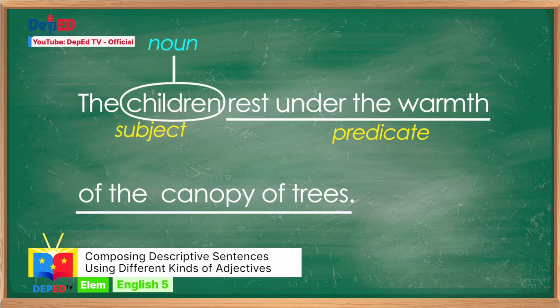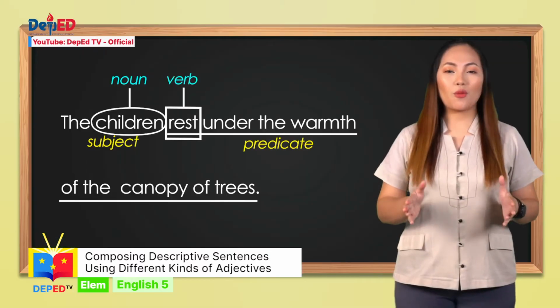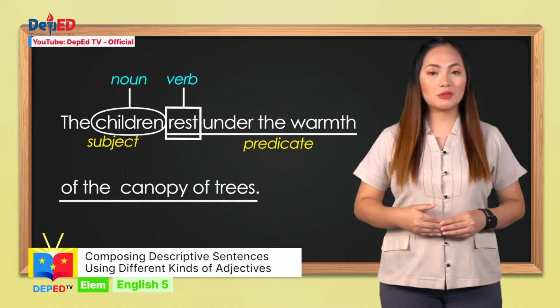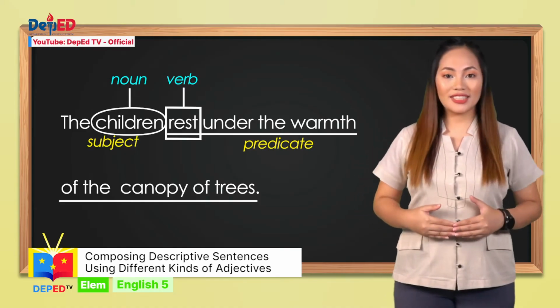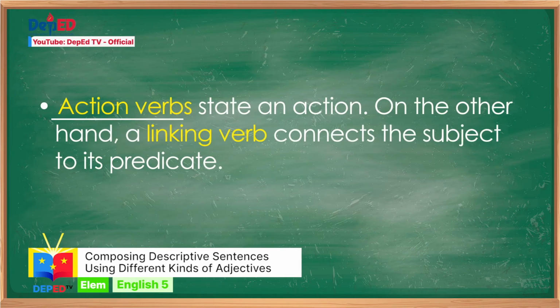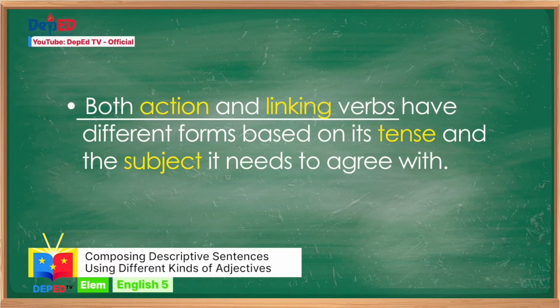Nouns and pronouns are the words that can act as the subject of a sentence. Verbs, whether they are action or linking verbs, start the predicate of a sentence. Action verbs state an action. On the other hand, a linking verb connects the subject to its predicate. Both action and linking verbs have different forms based on its tense and the subject it needs to agree with.